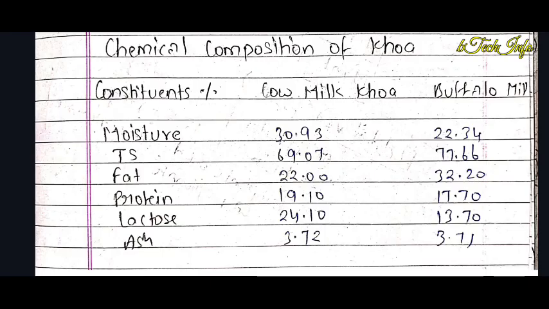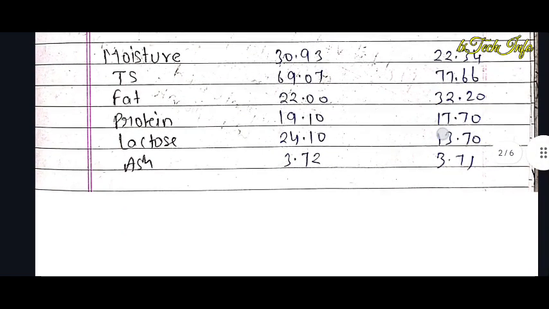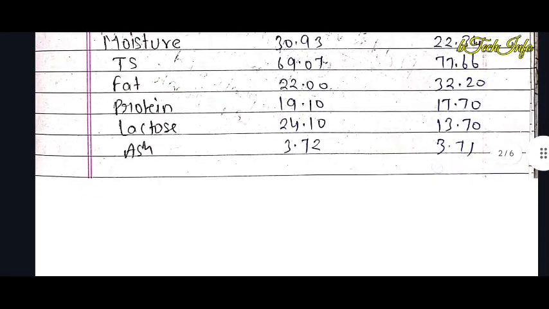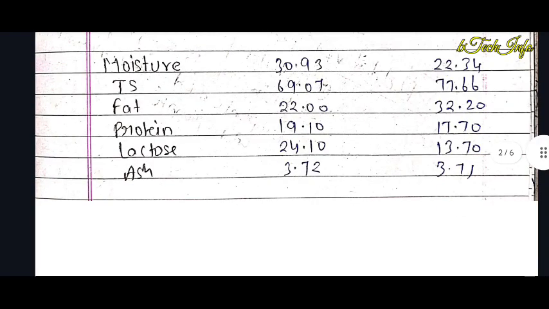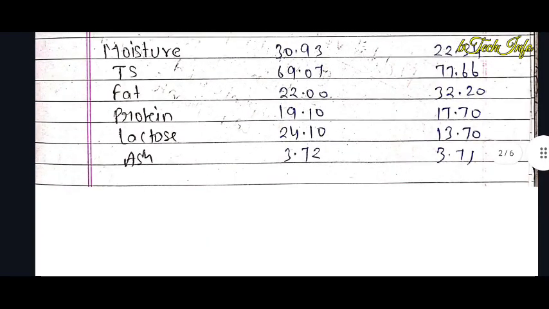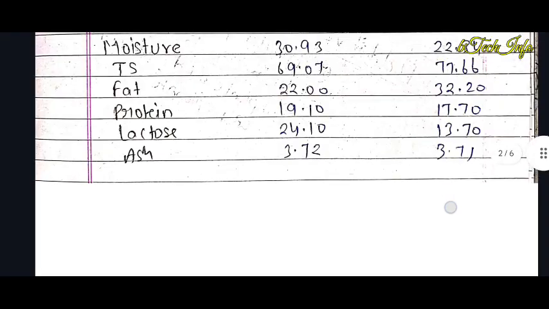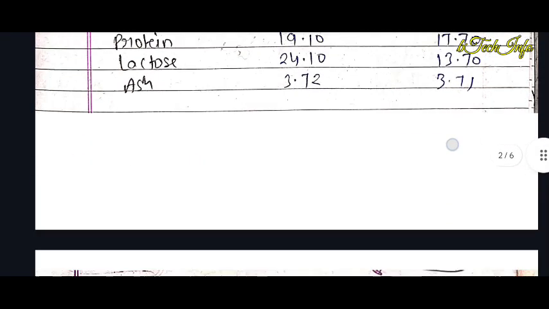Fat content is higher in buffalo milk, 32.20%, and 22% in cow milk. Protein is 19% in cow milk and 17.70% in buffalo milk. Lactose is higher in cow milk, up to 24.10%, and lower in buffalo milk, up to 13.70%. Ash content is about the same in both, 3.72% and 3.71%.